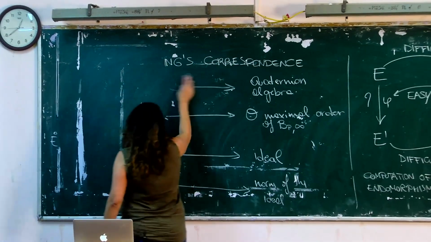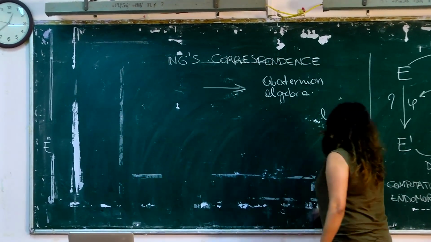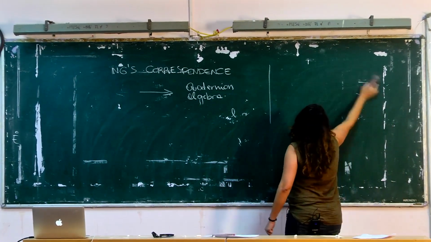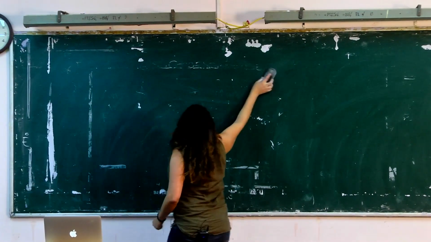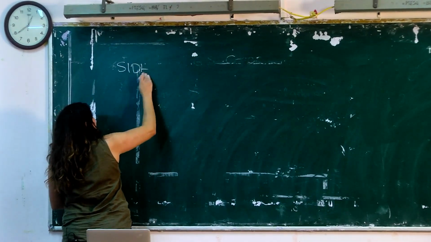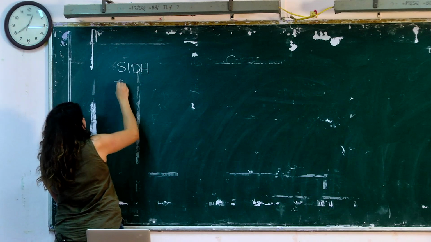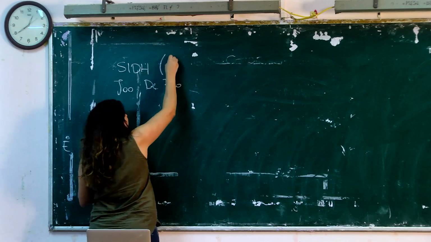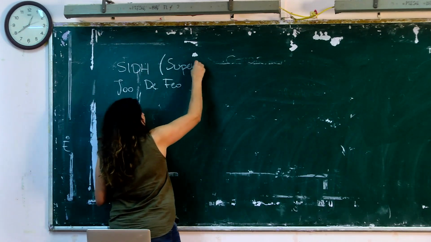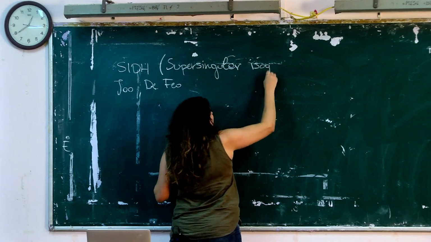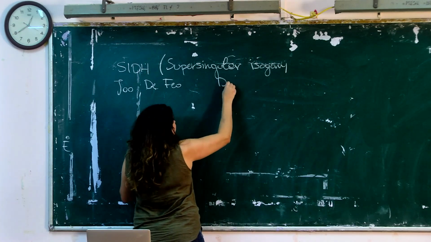So they propose, in 2011, SIDH. Sometimes it's good to know what there is behind the acronyms. So SIDH, by Jao and De Feo, means supersingular isogeny Diffie-Hellman.